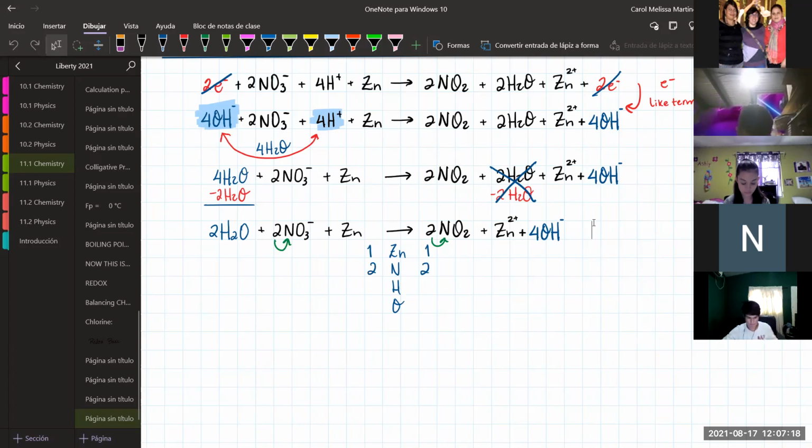So I have 2 nitrogens in the two sides, in the two parts of the reaction. I continue with hydrogen. I have 2 times 2. I have 4 hydrogens in the reactant, and I have 4 times 1.